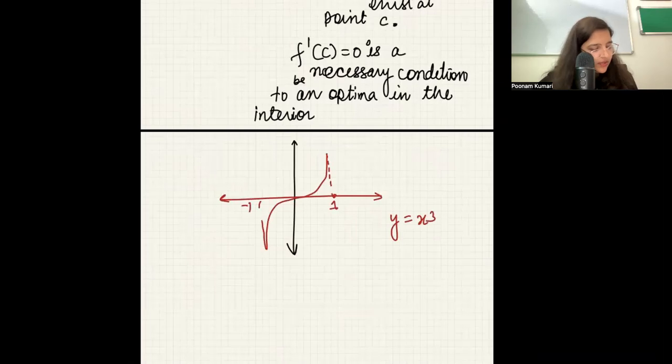Then in the interior, excluding the boundary points, you see that f'(x) is 3x squared, which is 0 if x is 0. So here the derivative value is 0, but still your function is not taking any maximum or minimum value here, right? So f'(C) being 0 is a necessary condition to have any optima in the interior of your interval. It is not sufficient.